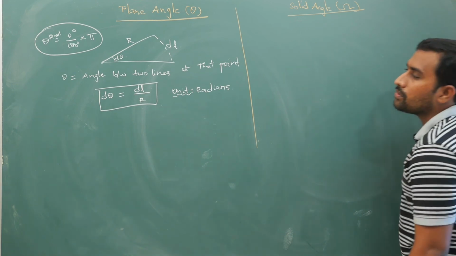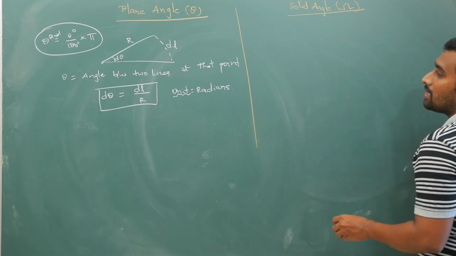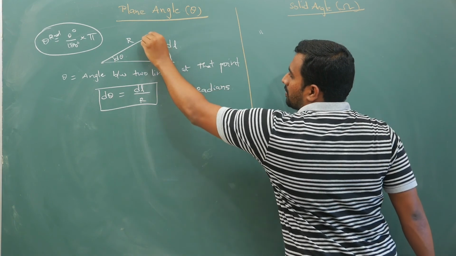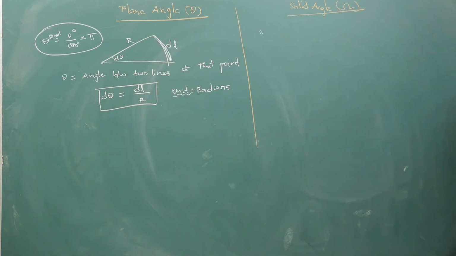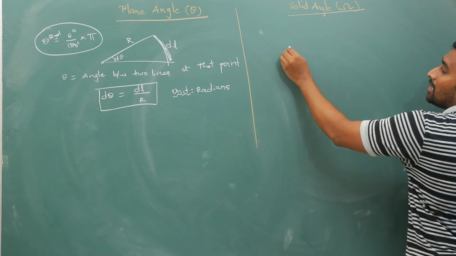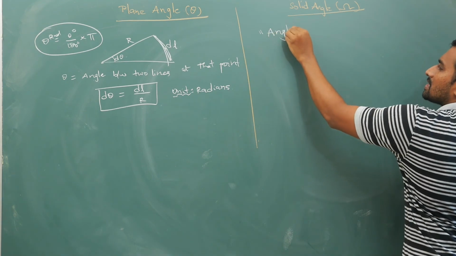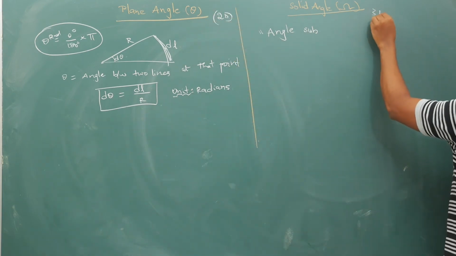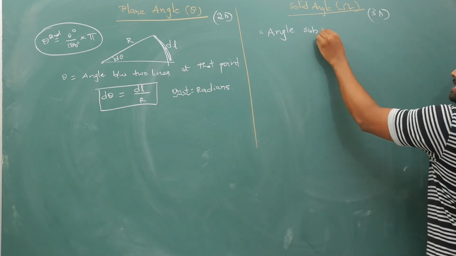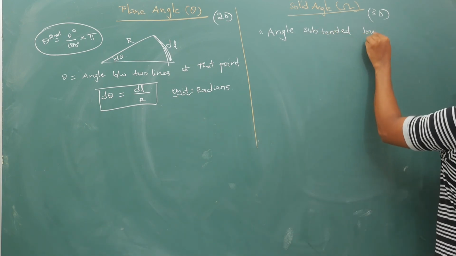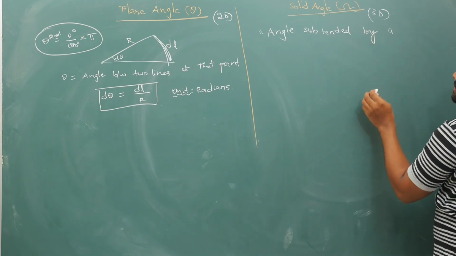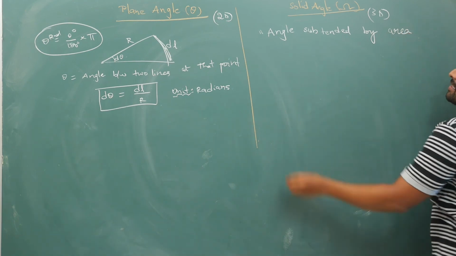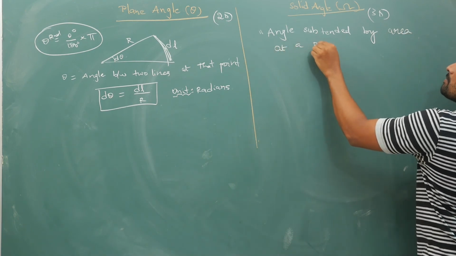Now coming to solid angle. Plane angle is the angle subtended by a small arc at that point, that is a line. Plane angle is 2D, solid angle is 3D. Solid angle is the angle subtended by an area at a particular point.